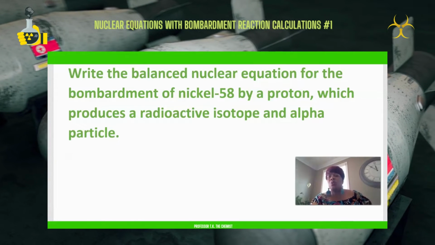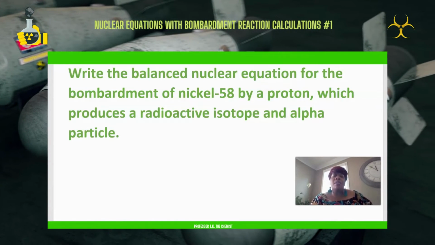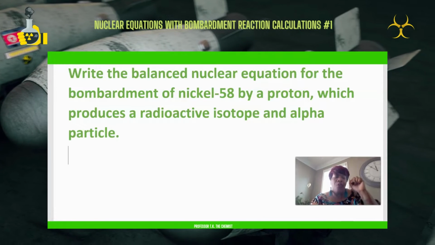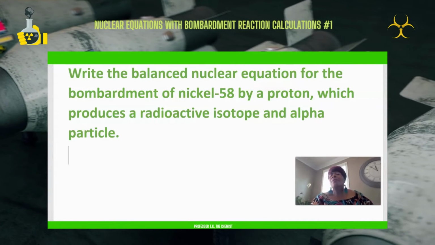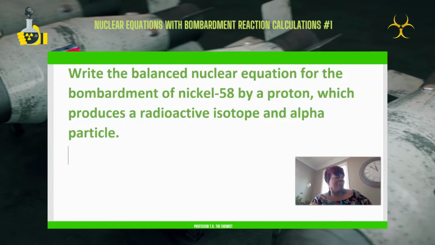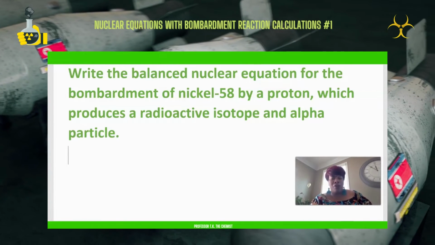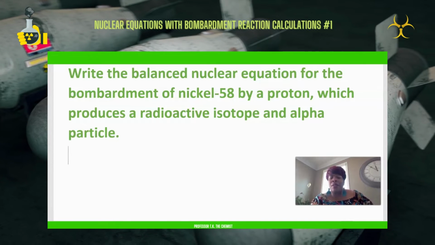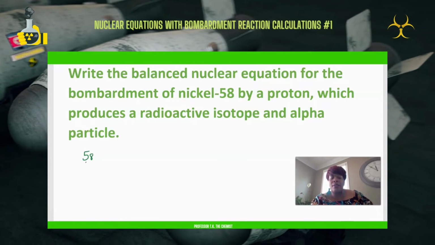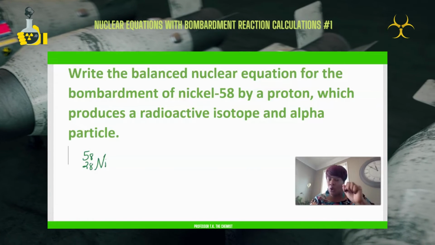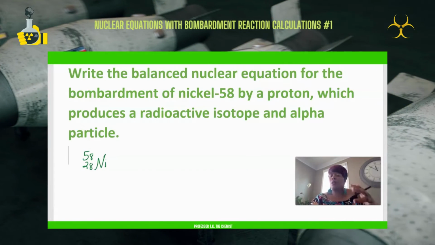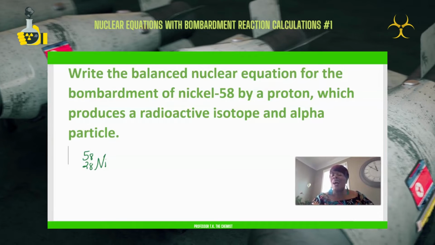First thing they told you was that nickel-58 was bombarded by a proton. Now, let me give you the chemical symbol for a proton as it relates to chemistry. So we have 58, 28, nickel. Now, the 58 is what they told you the atomic mass was for this particular nickel, which tells me this is an isotope.